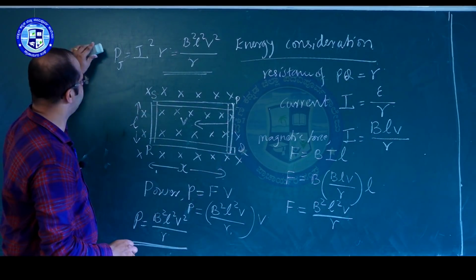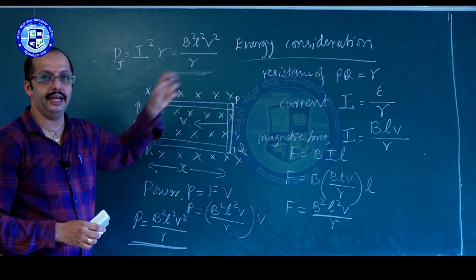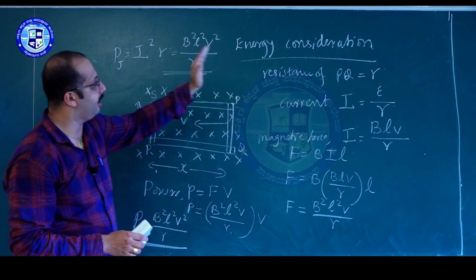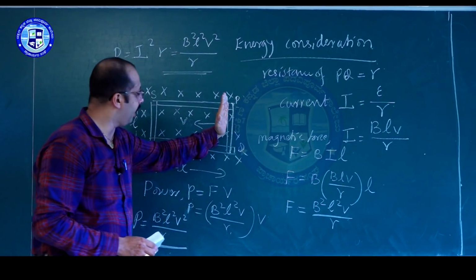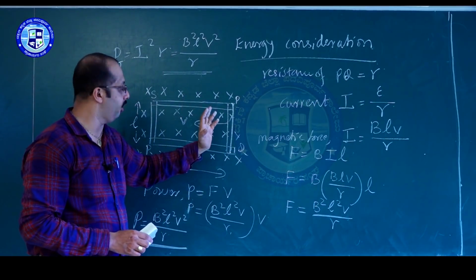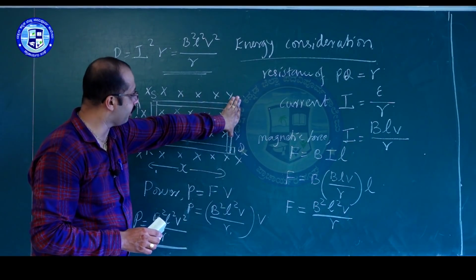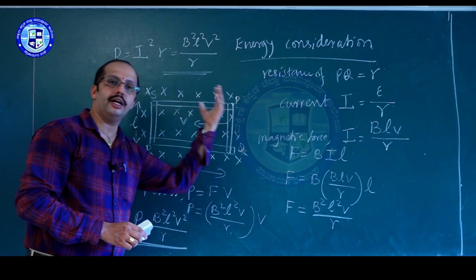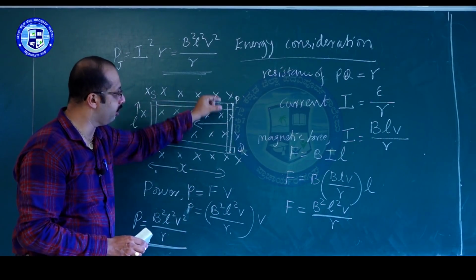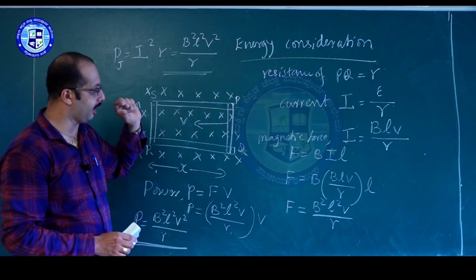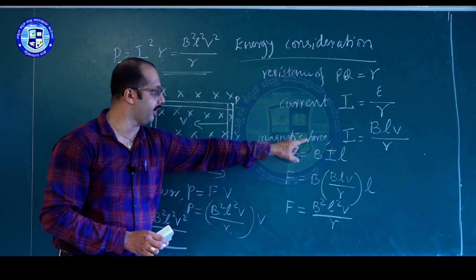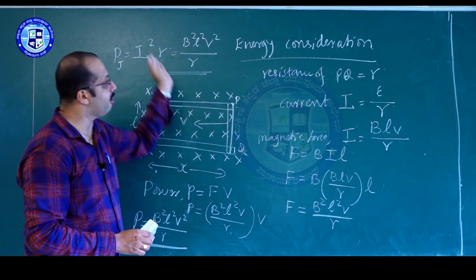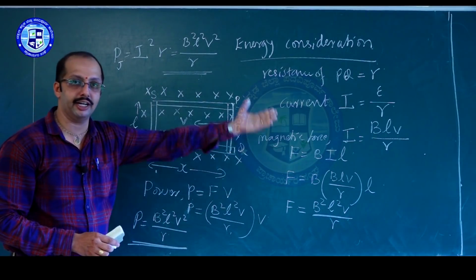So we can say that the joule heat is the energy consideration: the mechanical energy with which the conductor PQ is moving in a uniform field is converted into electrical energy due to the flow of charge. The induced current is produced, that is electrical energy, which in turn produces dissipation of heat energy.